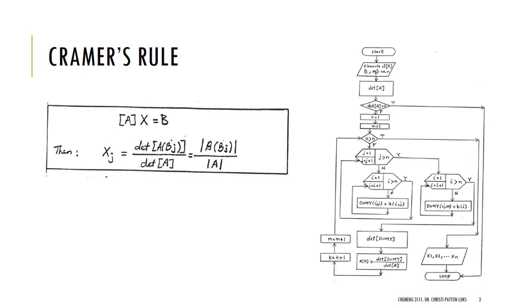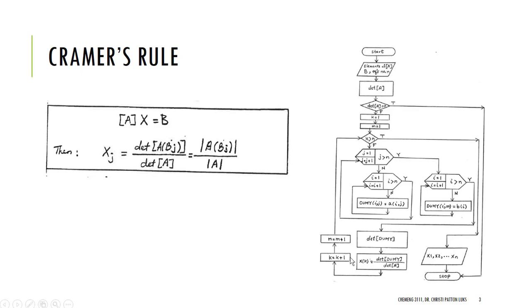I'm going to take the determinant of A as the denominator for each of my x sub j, but for x sub j, I'm going to replace the jth column of A with B. So this is the notation here, the determinant of A augmented with B for component j, and we can use either determinant notation or this other.